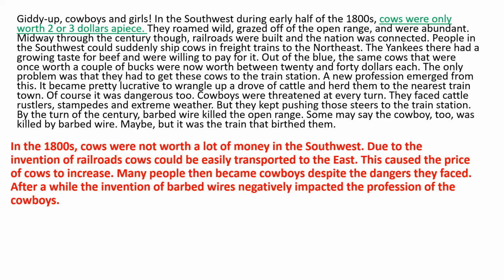All right. So in the 1800s, cows were not worth a lot of money in the Southwest. Due to the invention of railroads, cows could be easily transported to the east. This caused the price of cows to increase. Many people then became cowboys despite the dangers they faced. After a while, the invention of barbed wires negatively impacted the profession of cowboys. Now, question, what do you see? You see this paragraph, but look at mine, right?